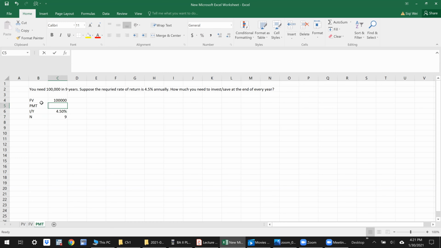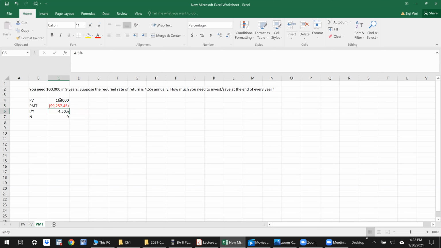So for payment, you just need to do equal PMT. Now, the payment environment is triggered. So the rate is 4.5%, and the number of periods is 9, and the present value in this case is 0, and you have your future value.